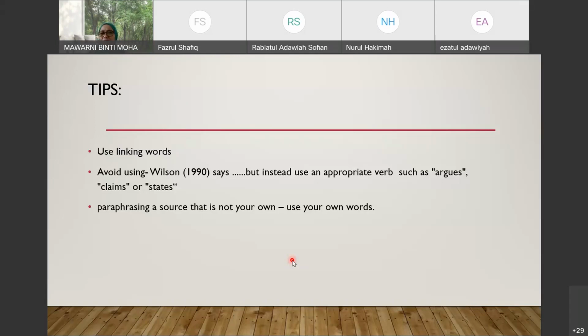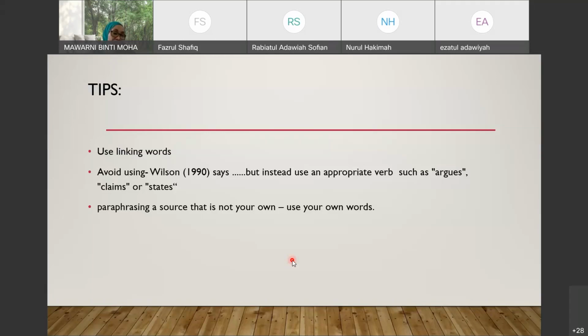No, linking words. These are the tips when you do the writing. However, what else?